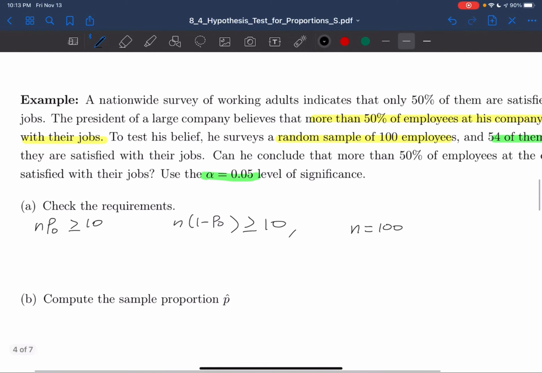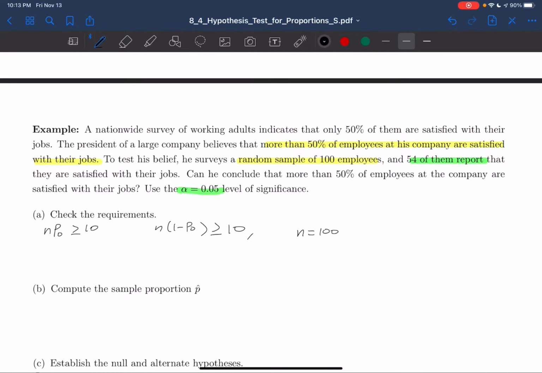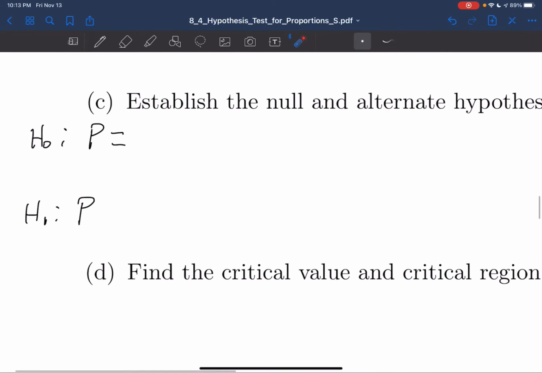But if we read the question again, he wants to know if he can conclude that more than 50% of employees at the company are satisfied. So his alternative hypothesis is going to be p is greater than 0.50, and that means his null hypothesis is going to be p is equal to 0.50. So here, 0.50 is going to be our p naught.